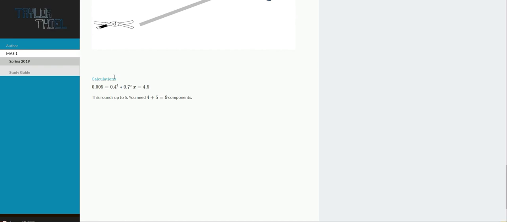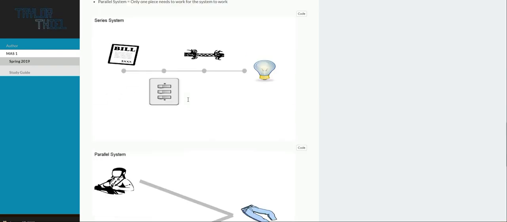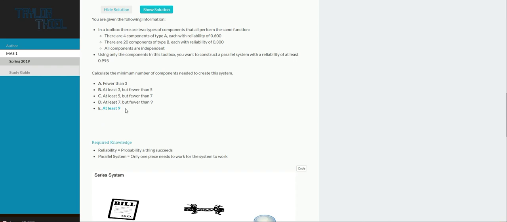And that is unacceptable, because we need a failure rate of 0.005 or lower. So we can't round down, we have to round up, and that's how we get up to needing 5 of the type B components, which results in a total of 9 components needed. And again, that means our final selection is E.